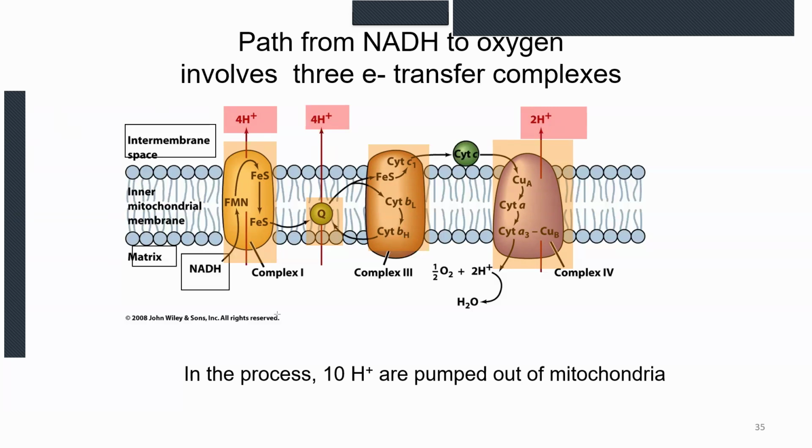Now, FADH2 plugs in basically right here, where I have that red square that doesn't have anything in it. FADH2 is going to lead to the production of 6 protons being pumped into the intermembrane space. So the difference between FADH2 and NADH is NADH starts at complex 1, FADH2 skips complex 1.